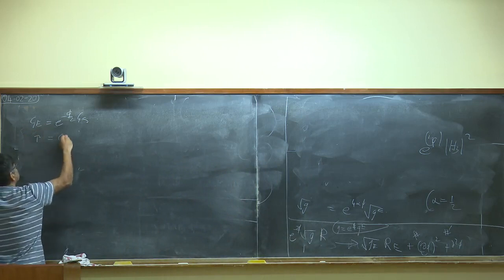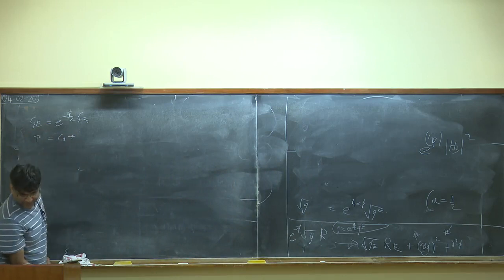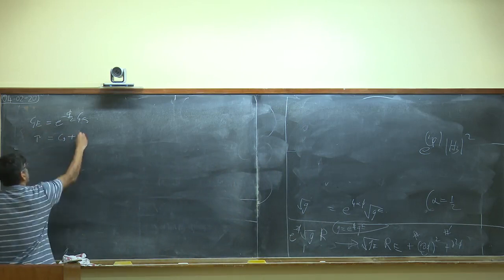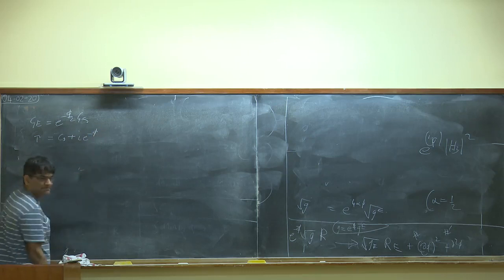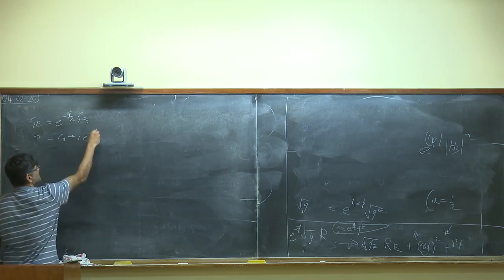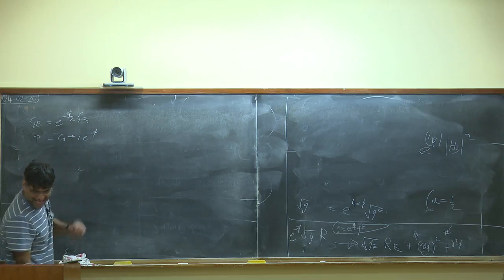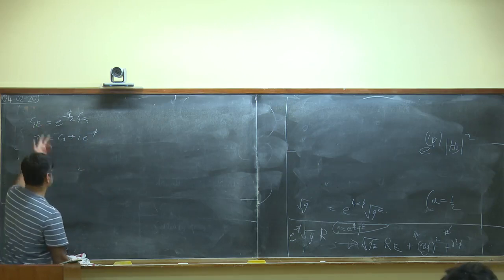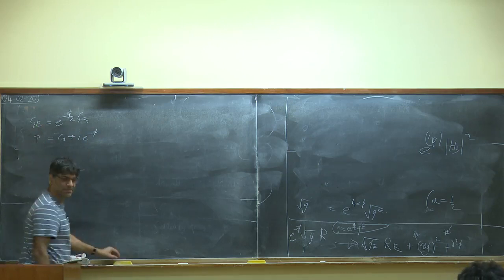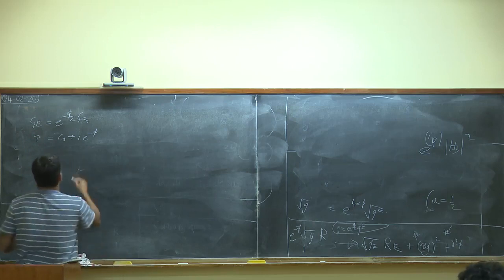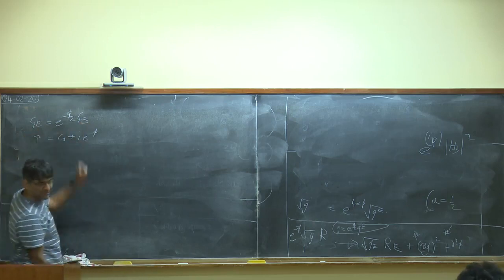Tau is equal to C0 plus i e to the power minus phi. Okay? G is the metric. I can make it smaller. Okay. This is the Einstein frame metric too.